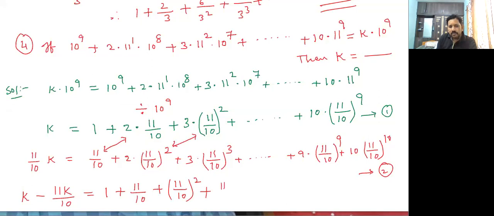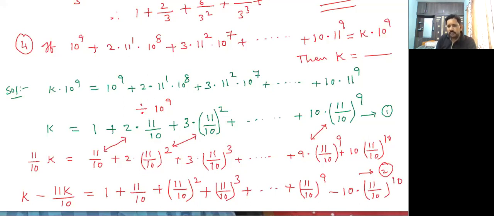Similarly, the next term is 11 by 10 whole cube, and so on. Observing the last pair, what will come is 11 by 10 whole power 9. Now the last term will be extra, so that is minus 10 into 11 by 10 whole power 10, because we are subtracting 1 minus 2. So in the second equation, the last term we get is negative.